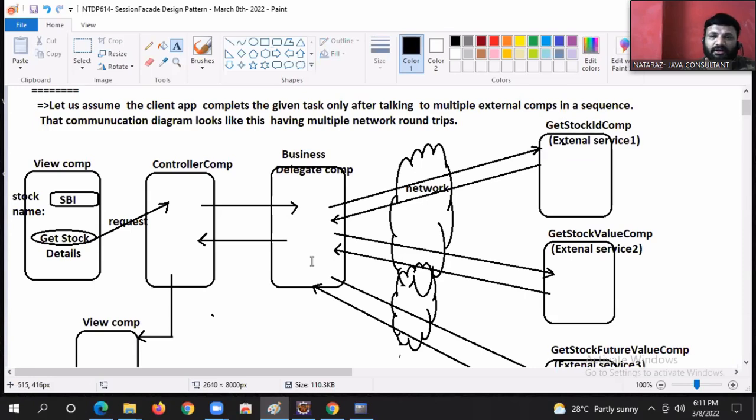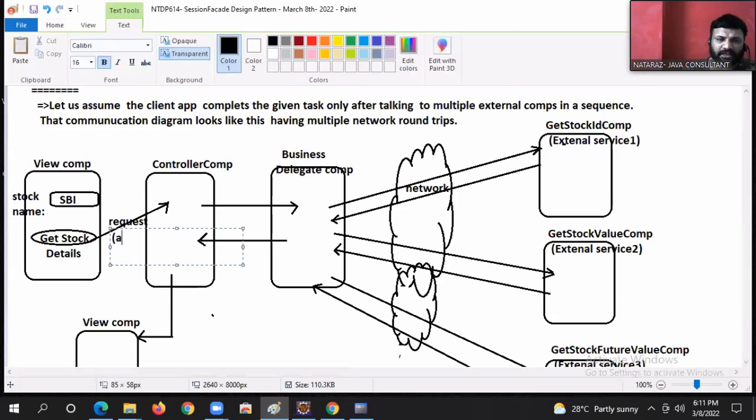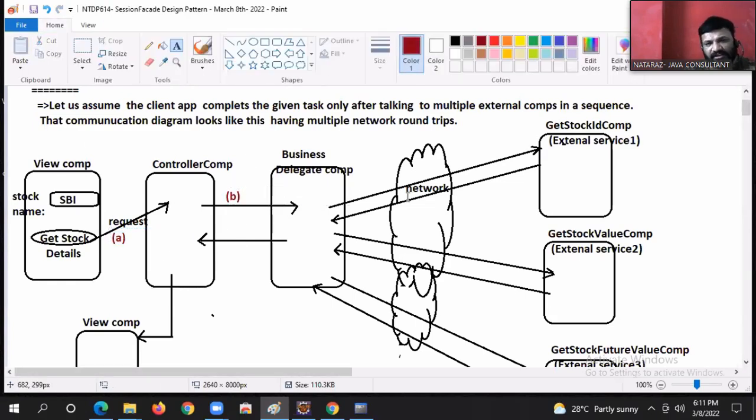Now tell me, what is the order? We are entering the input, A. B, talking to the business delegate.